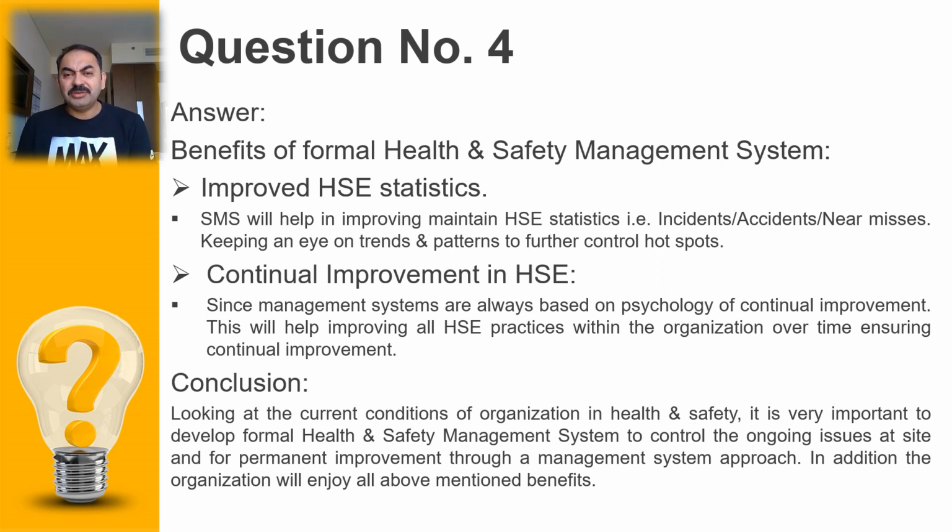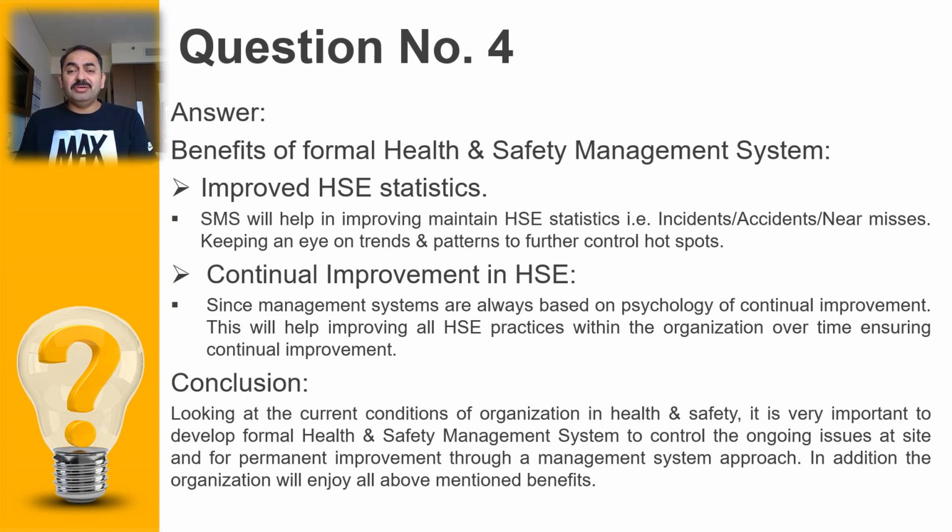And the most important benefit of having a health and safety management system is continual improvement. We all know, if you recall, PDCA cycle, one of the important things in PDCA cycle is continual improvement. Any of the system in the world, if it gives you continual improvement, then this is a useful system.